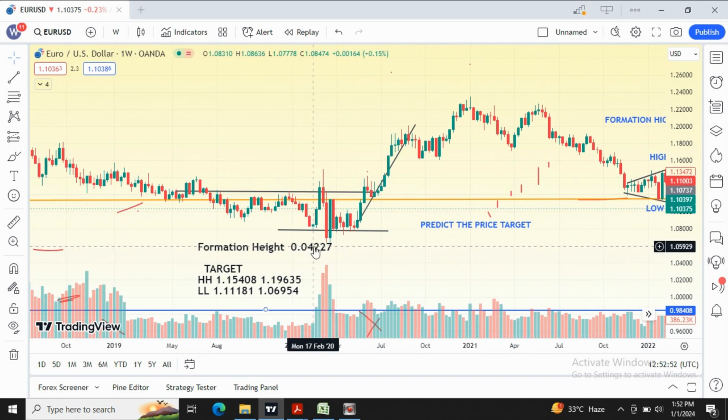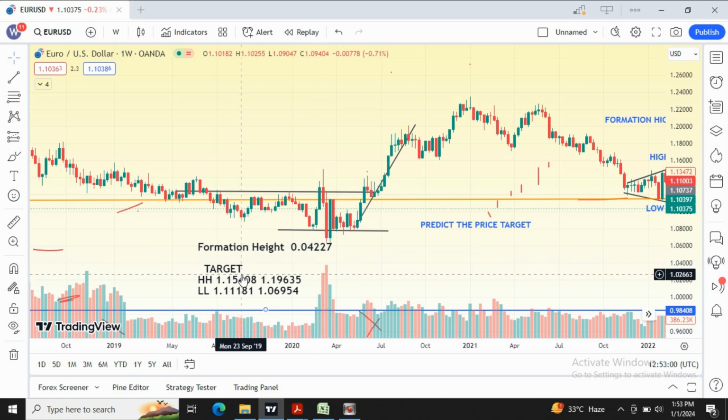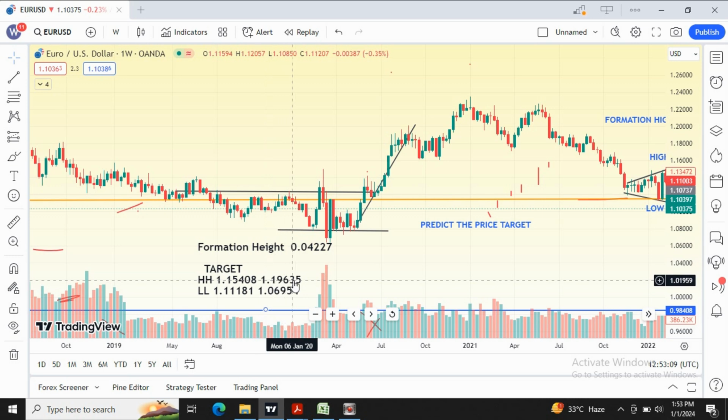So for us to get the target price on upward breakout, we're going to add the formation height of 0.0422 to the ISI of 1.1408, and the target will give us 1.19635. This is where we are going to take our profit.